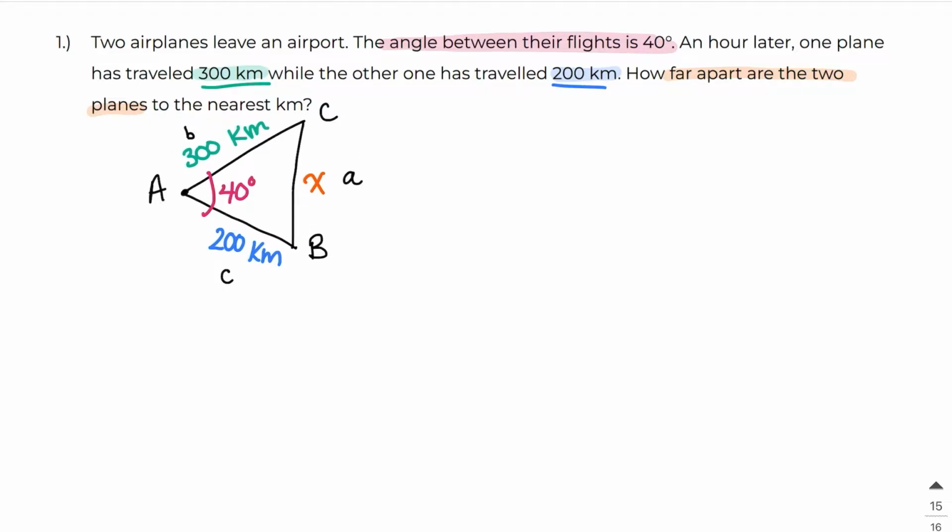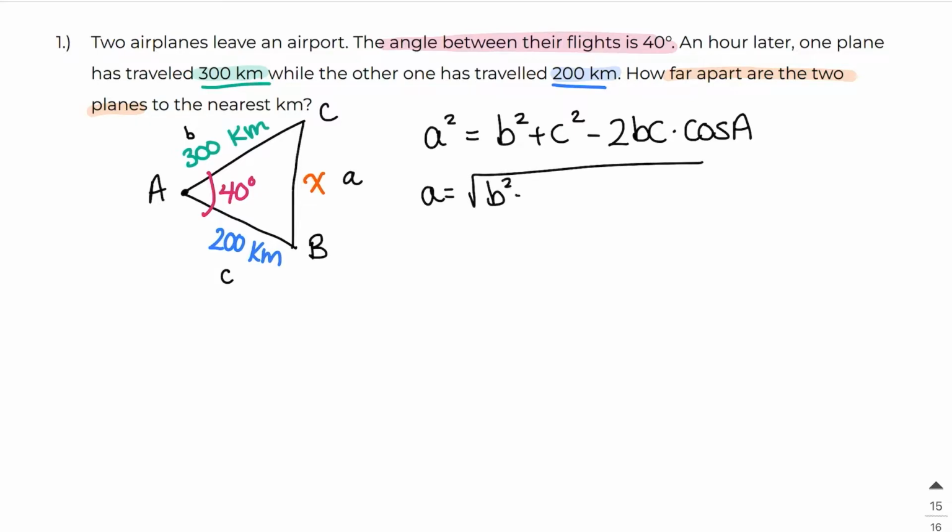So remember, cosine law will be A squared equals B squared plus C squared minus 2bc times the cosine of A. Okay, but I'm going to isolate the A first. So I'm going to square root both sides. And now I'm going to fill in all of my information here.